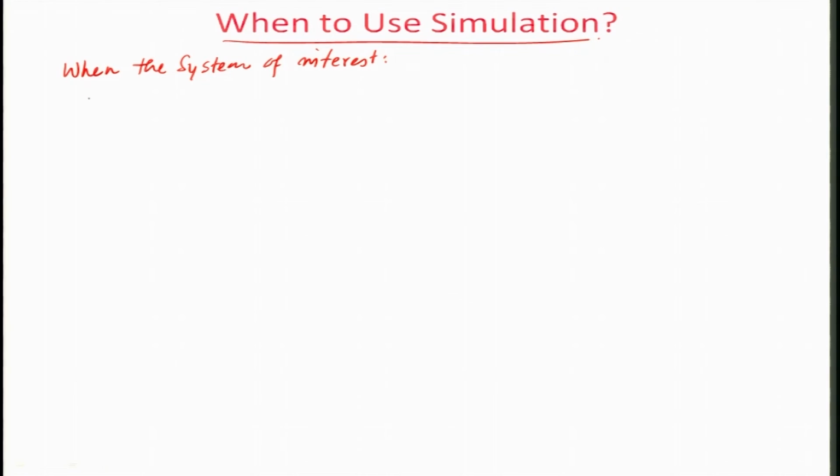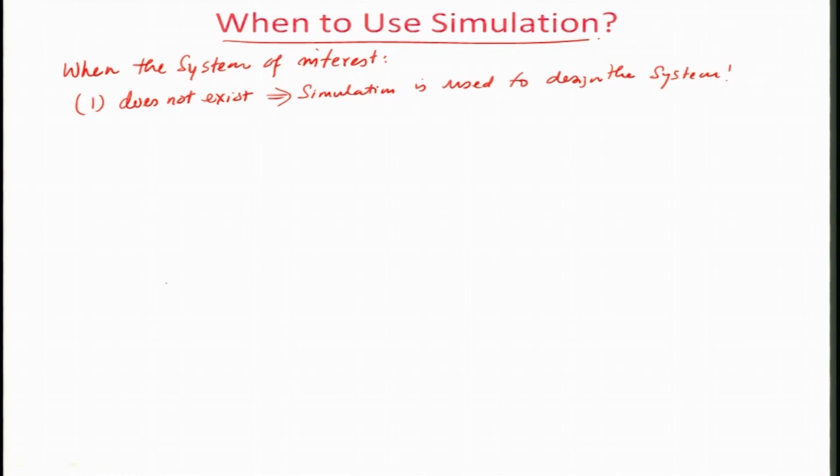Number 1, when the system of interest does not exist, then simulation is used to design the system. If the system does not exist, then you cannot study using the real system. So, you use simulation mostly to design the new system.